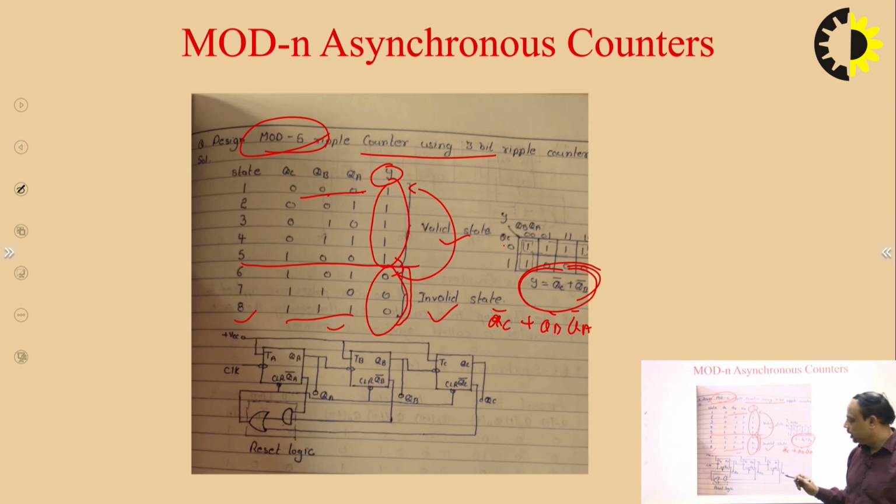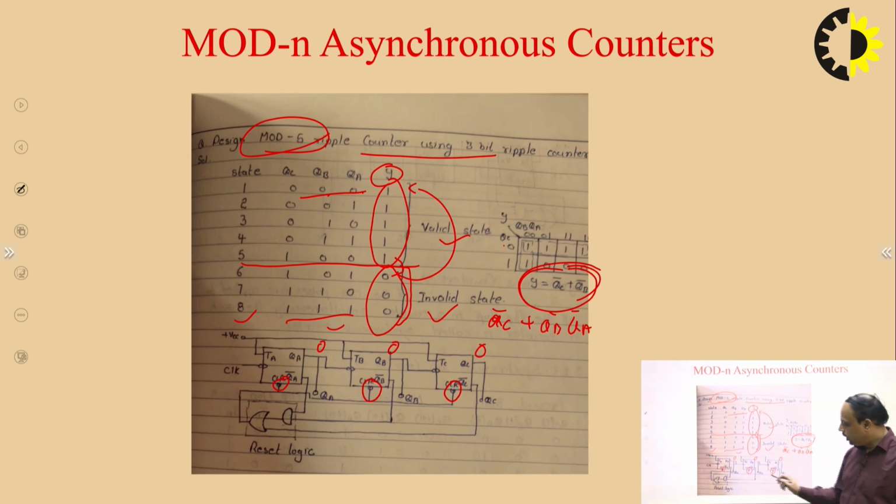How does this work? There is one terminal known as the clear terminal in each flip flop. So as we provide 1 to this clear terminal, whatever the state of the flip flop, it simultaneously resets the flip flop to the 0 0 0 state.